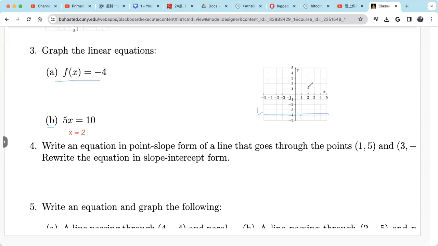This point, x equals 2. All those vertical points, the x value is 2. So we get a line passing through x equals 2. Okay, so vertical lines have the name x equals a number. Horizontal lines have the name y equals a number, or f of x equals a number.